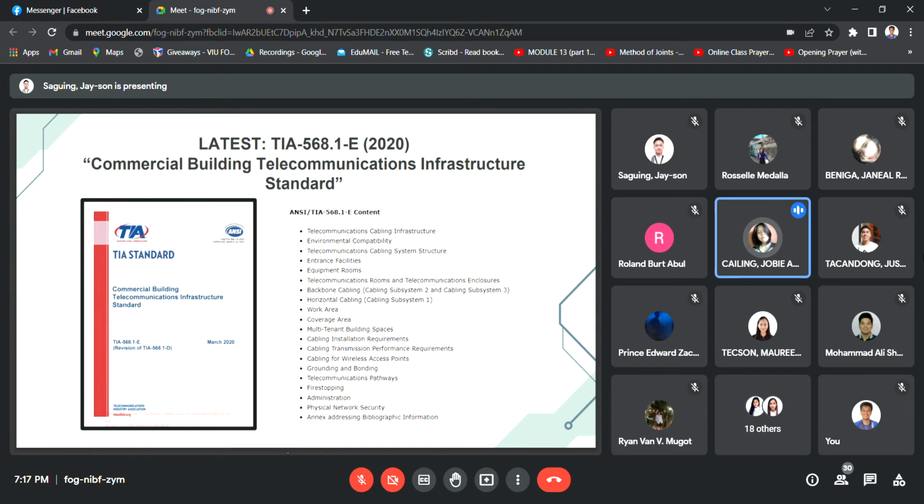The contents include coverage area, multi-tenant building spaces, cabling installation requirements, cabling transmission performance requirements, cabling for wireless access points, grounding and bonding, telecommunications pathways, power stopping, administration, and physical network security, to name a few. I don't know if there is a national standard here in the Philippines, but based on a YouTube lecture I watched, the Philippines adopts this international standard.